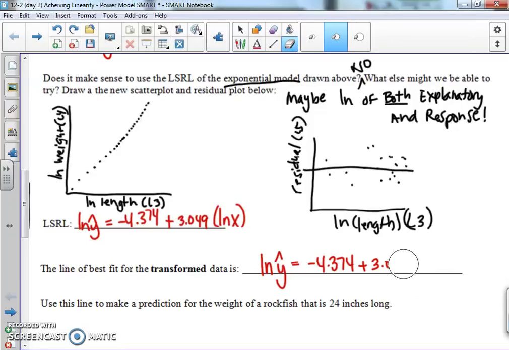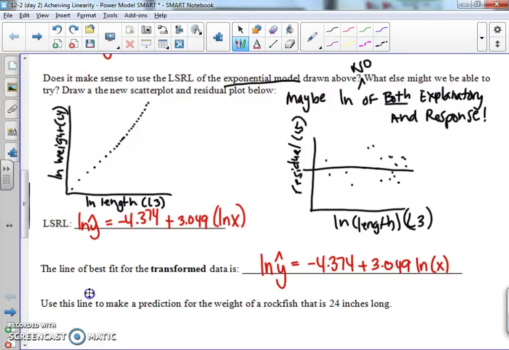In fact, I'll probably even write it a little bit different. I'm going to say 3.049 times the natural log of this x. And again, just indicating which variables we took the natural log of. We took the natural log of the response as well as the natural log of the explanatory.